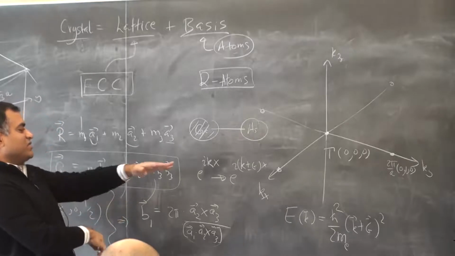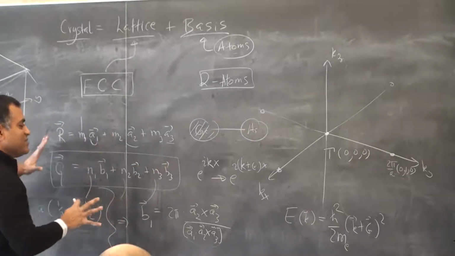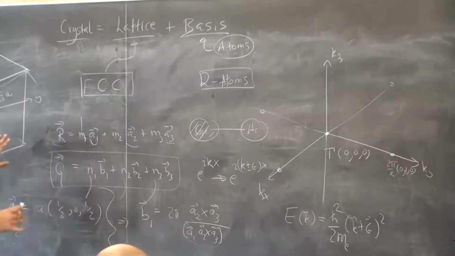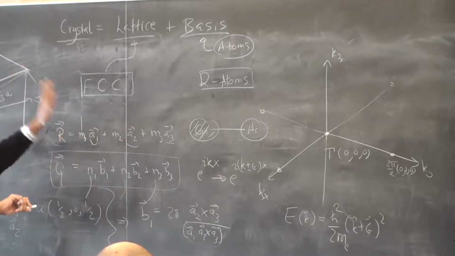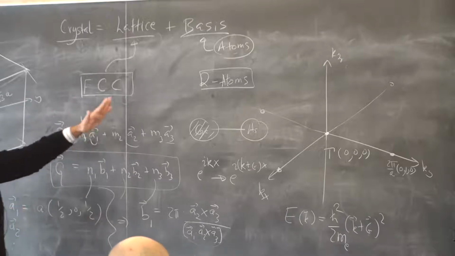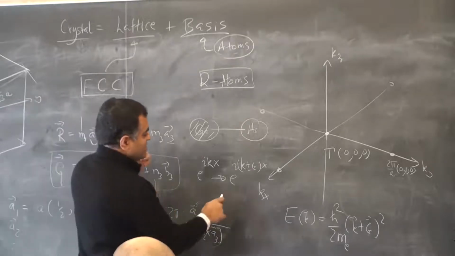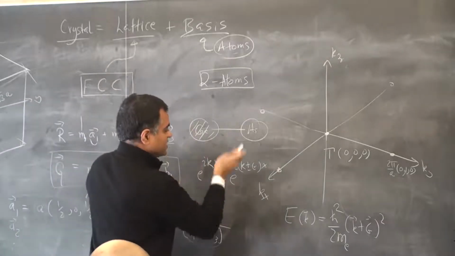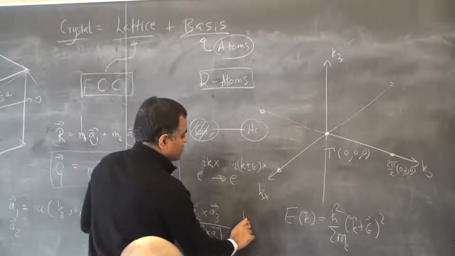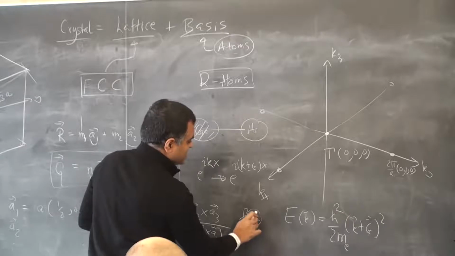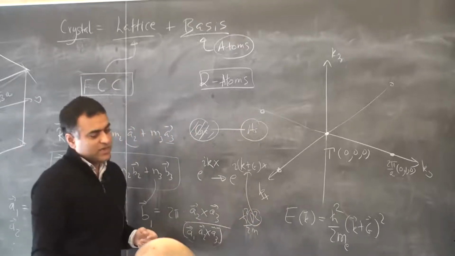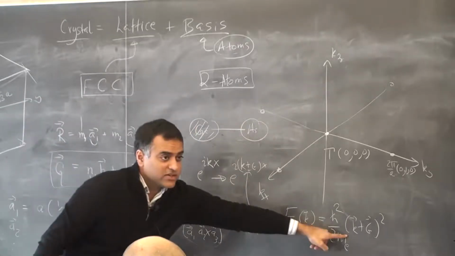Let's say I know that the atoms are in place, but I'm not going to consider their potential. I'm going to turn the potential off, but have the symmetry of the lattice still there. That's called the nearly free electron model, in which your potential turns to 0, and your Hamiltonian goes back to h squared del squared by twice the mass. This del will pull out these k plus or minus g's and drop them here, and that's your energy.